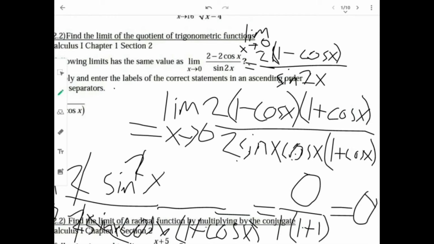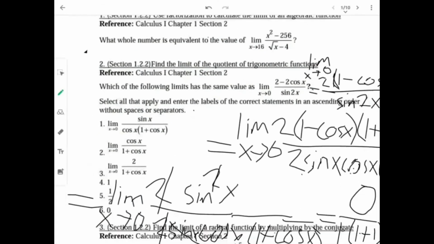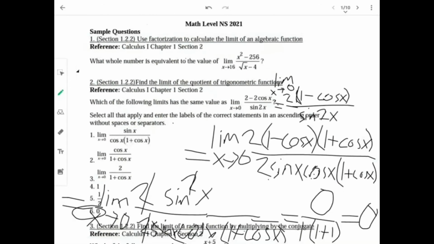So now you have to check the options and see which one fits the description. So obviously number 6, and then you check these. So 2 over 1 plus cosine x, it doesn't correspond with any of the ones we have over here. So this is out.